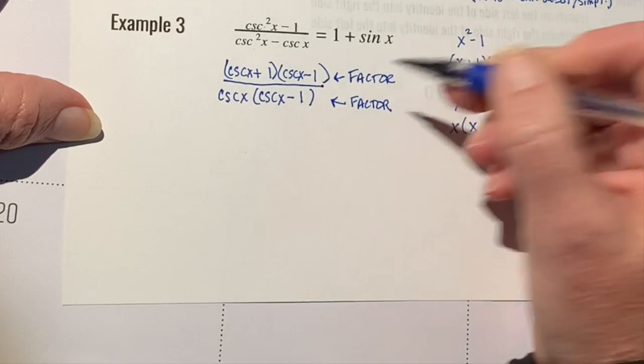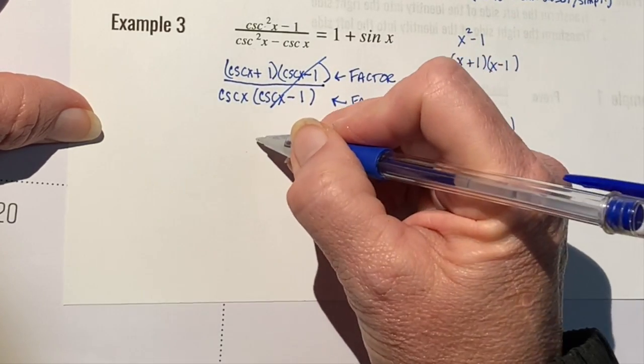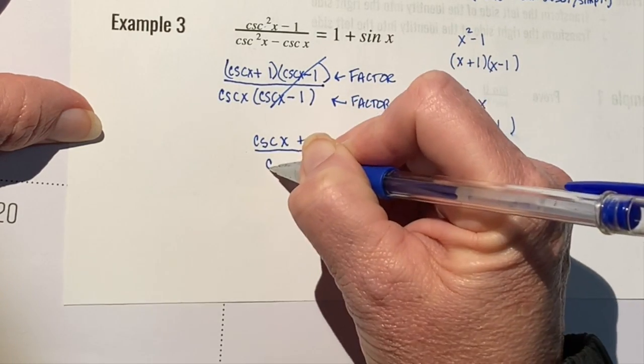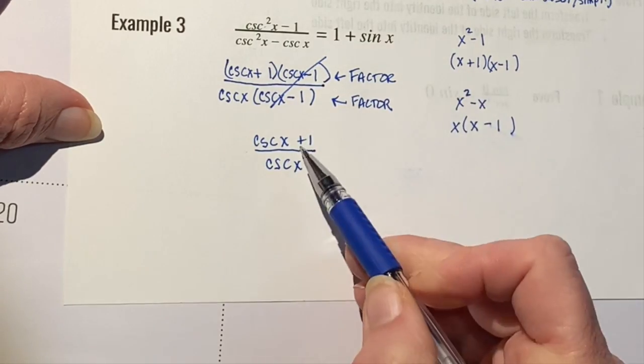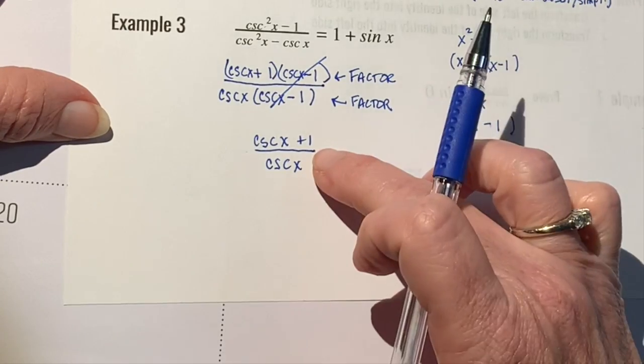And watch what happens now. Common factors in the numerator and denominator divide out. And I am now down to cosecant x plus 1 over cosecant x. Okay, so simplified a lot. Still not where I want to be though. So how do I get from here to here?